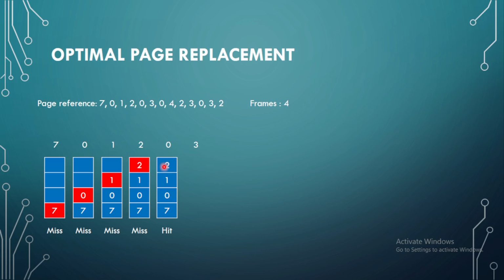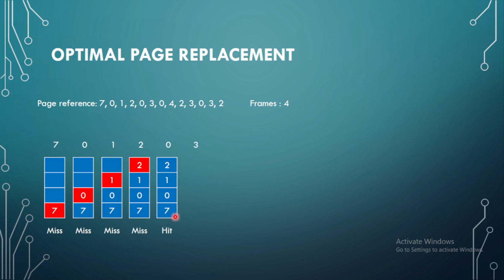What we are going to replace here is the page which is not going to be used in the future. 2 is going to be used later, after 0, 4. 1 is not going to be used. 0 is going to be used. 7 is also not going to be used in the future. So here we have 2 pages, 1 and 7.